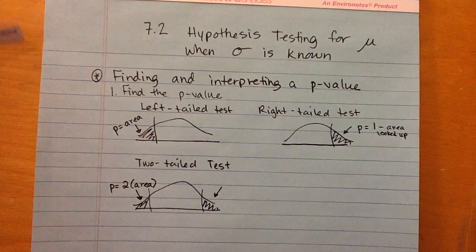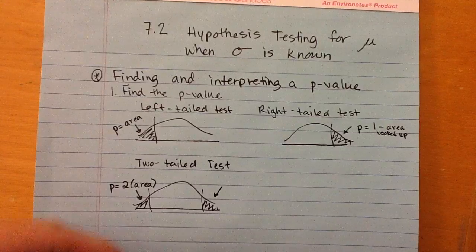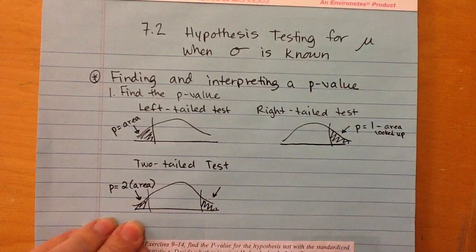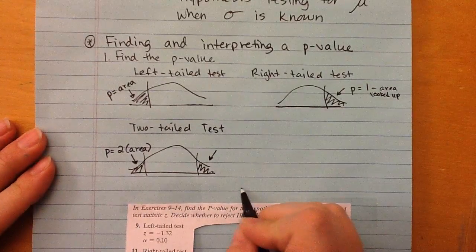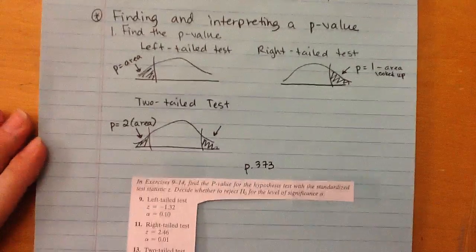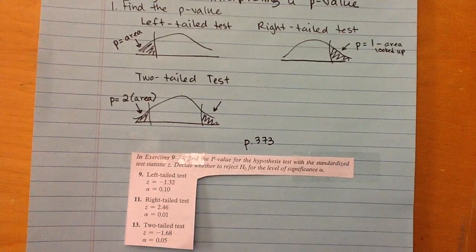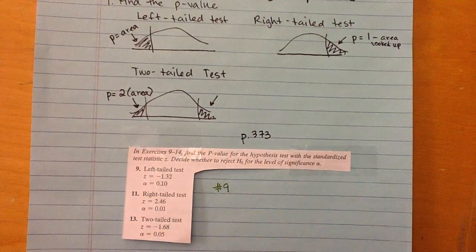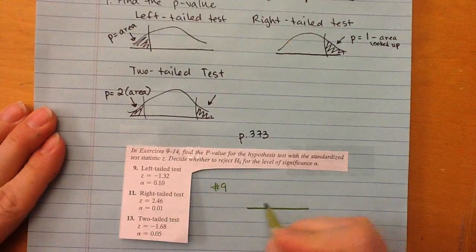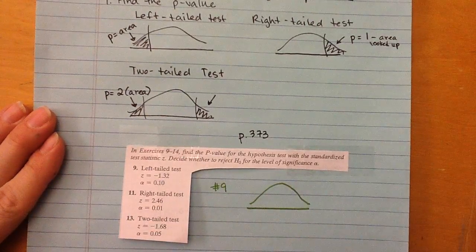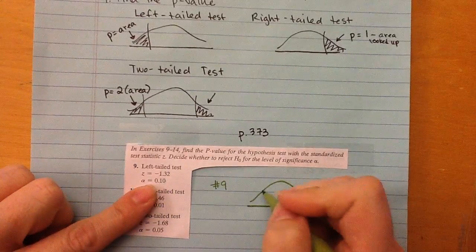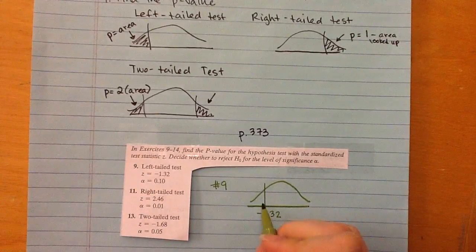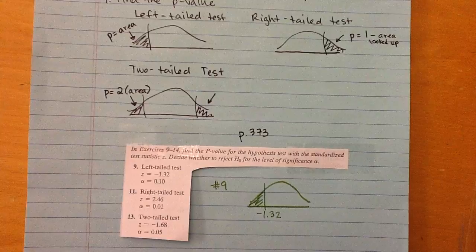So we're going to practice finding the p-value using exercises 9 through 14, which is on page 373. We're just going to do 9, 11, and 13. On number 9, we have a left-tailed test, and it tells us our z-score is negative 1.32. So we label that on there, negative 1.32, shaded to the left.